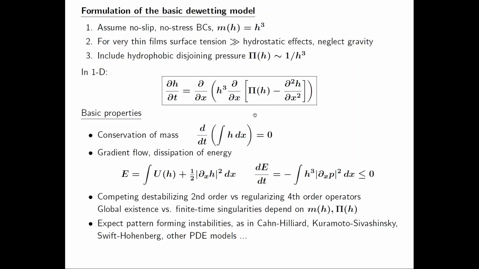We'll see that this can create finite time singularities, or there can be global existence, depending on what function you have here and what function you have here. We'll see some of these interesting effects from the competition of these terms, but similar things come up when you study the Cahn-Hilliard equation in material science, or Kuramoto-Sivashinsky, Swift-Hohenberg, or other PDE models used in pattern formation.